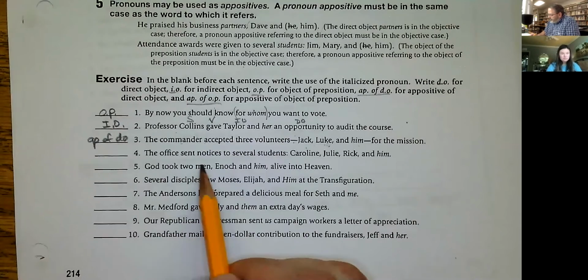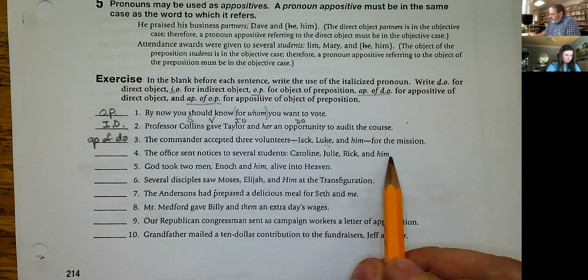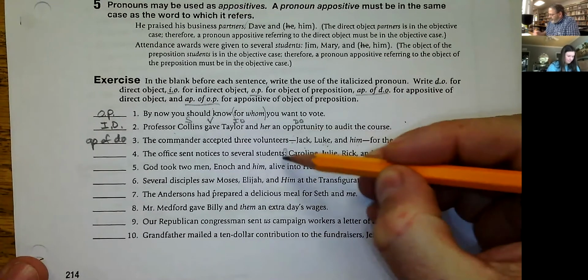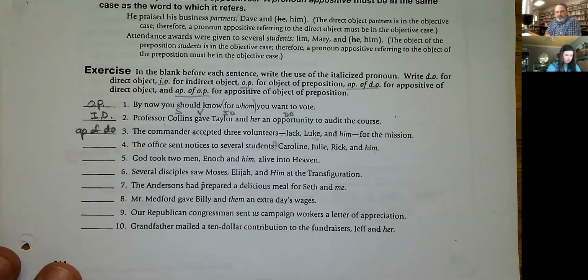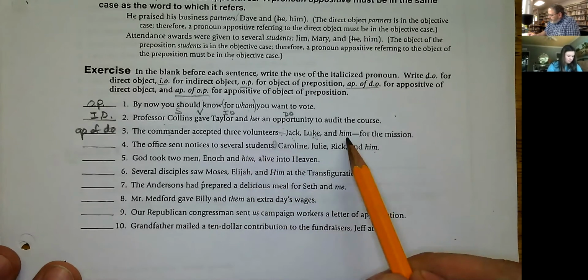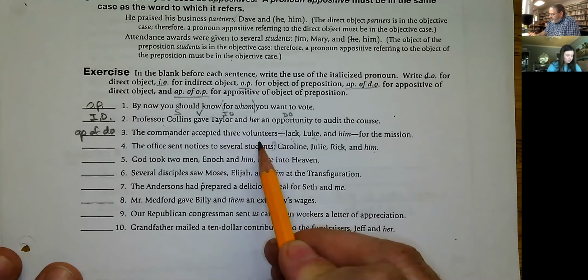Number 4, the office sent notices to several students, Caroline, Julie, Rick, and him. Okay, well, we've got the same sort of thing. This is, remember, the following has a colon, but it's still an appositive. So this is an appositive of something as well. Caroline, Julie, Rick, and him are other names for students.